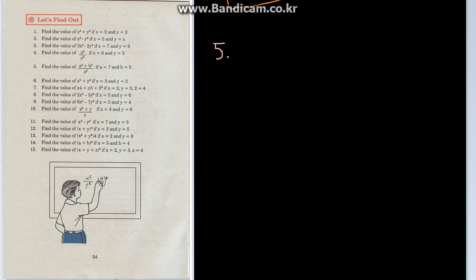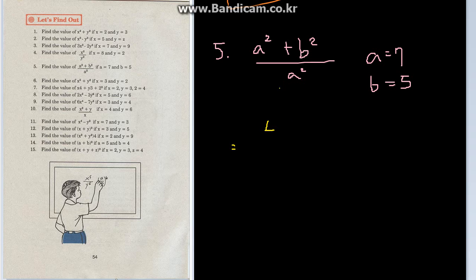Number 5, a squared plus b squared, divided by a squared, and a is 7, b is 5. Well, we substitute, okay, right? a is 7, so 7 squared plus b is 5, so 5 squared, divided by 7 squared.